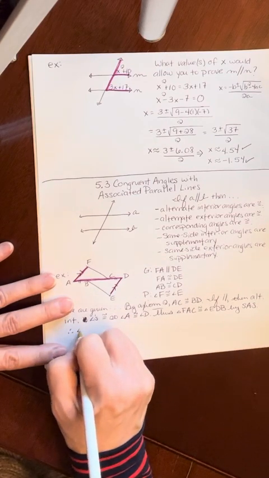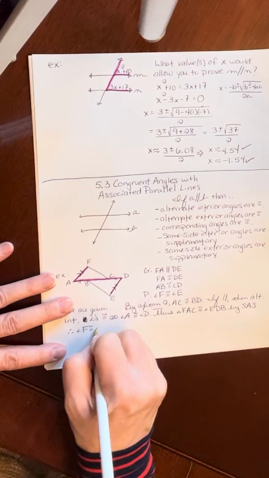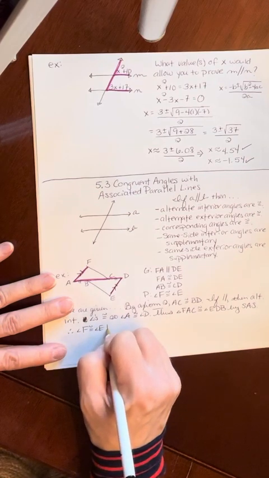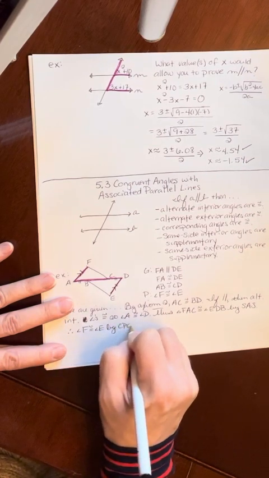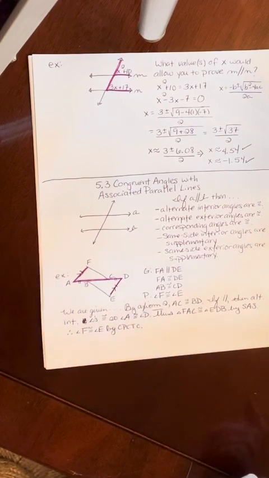Therefore, angle F is congruent to angle E by CPCTC. Yay? Easy, right? But helpful.